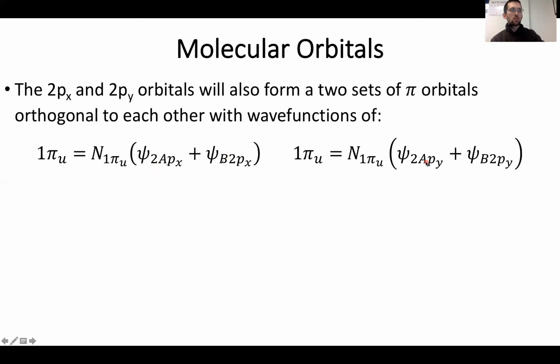So again, these two will add up separately because it's going to be hard to overlap an x orbital on one atom with a y orbital on another, because then all you did was change the nomenclature. So again, x with x, y with y, A with B. So hopefully this should make some sense. And what's more or less going to be happening is I'm going to bring these two atoms closer together.